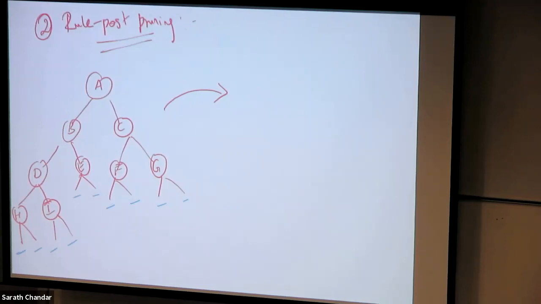The first rule is A, B, D, H, and to make things simple, this is class 0. My second rule is A, B, D, H bar, for going right. This is class 1.